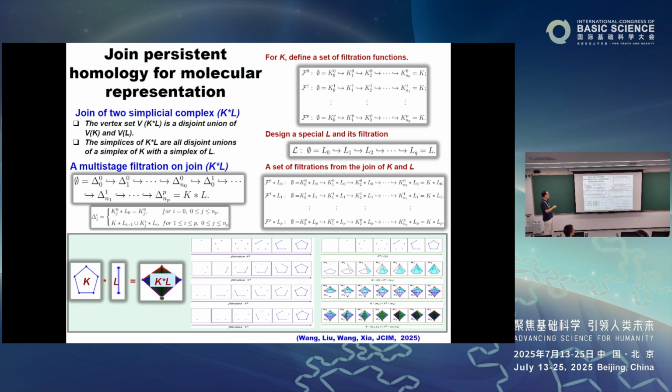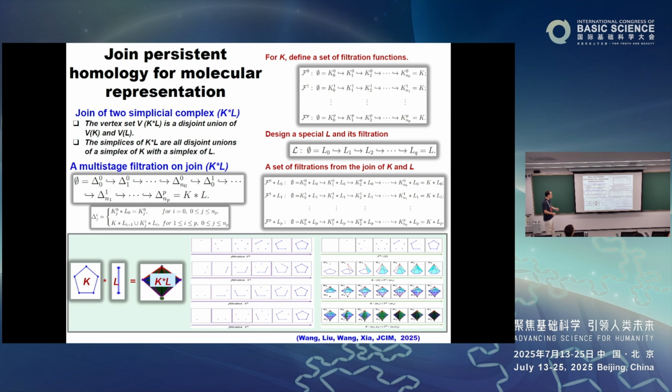The idea is very simple. You take all the vertices from K and all the vertices from L, and then you have the vertex set for this join. All the simplices in this join are obtained by taking a simplex from K and another simplex from L and putting them together. In this way, you have the join of the simplicial complexes of these structures.